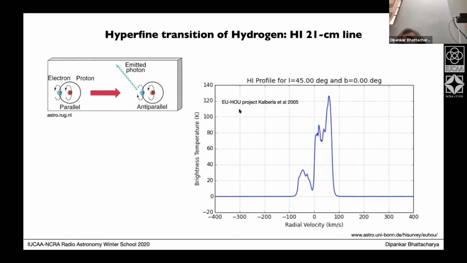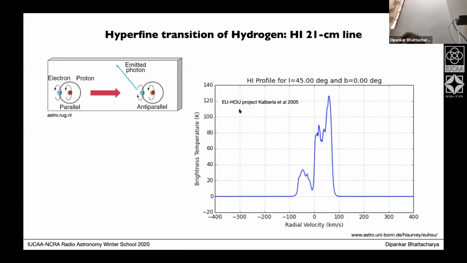Now, in this case, this is the neutral hydrogen H1 21 centimeter profile through the gas distribution in our own galaxy at a galactic longitude of 45 degrees right through the galactic plane. So if you take that line of sight, you have gas sitting at different distances with respect to us, and the galaxy is in differential rotation. So the gas at different distances from us will appear at different relative velocity with respect to us.